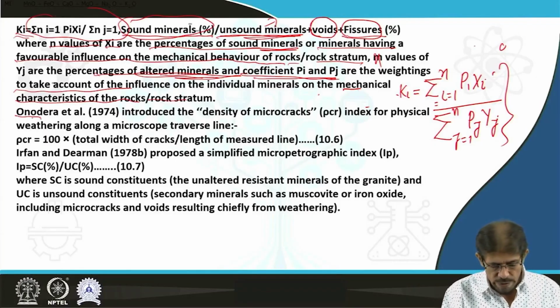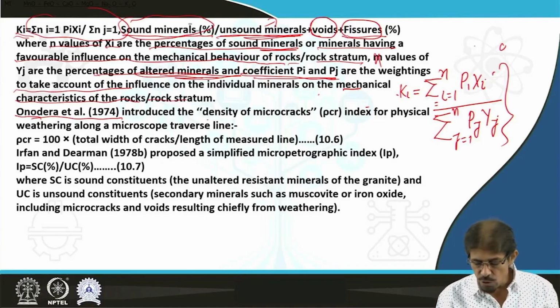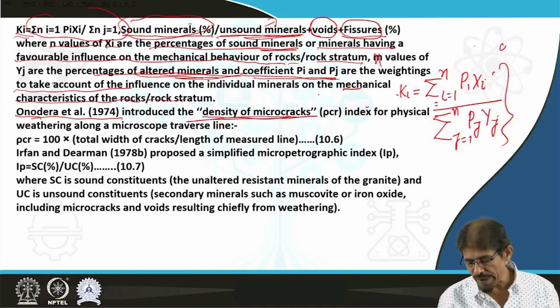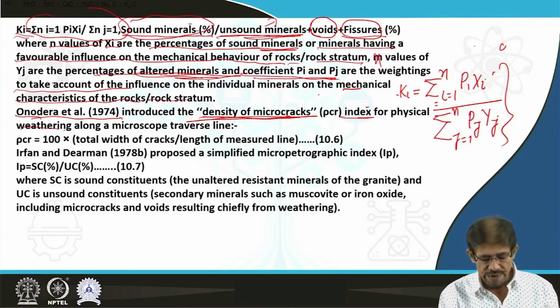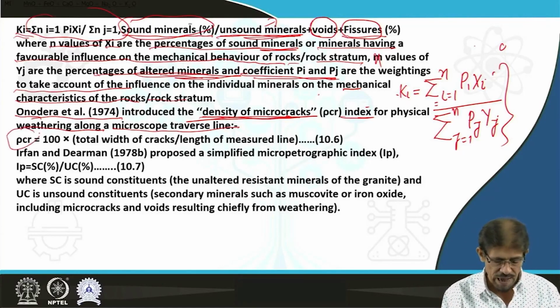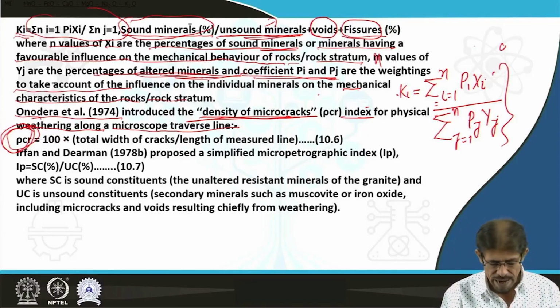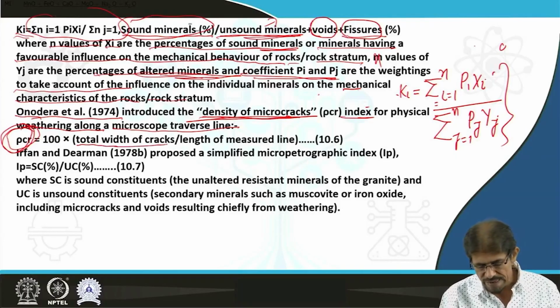Onodera et al. in 1974 further introduced the density of microcracks, a density of microcrack based index for physical weathering along a microscope traverse line. This is simply the crack ratio, equal to 100 times the total width of cracks divided by the length of the measured line.